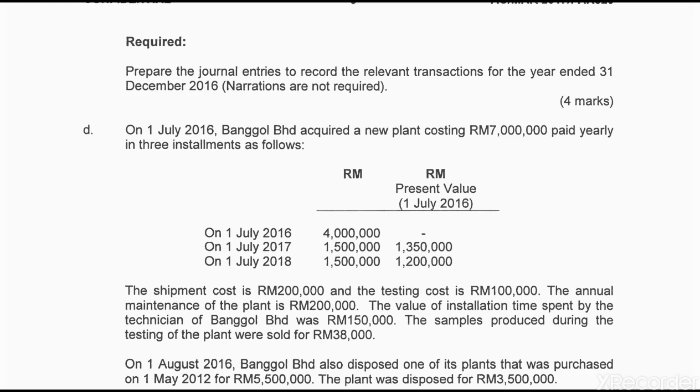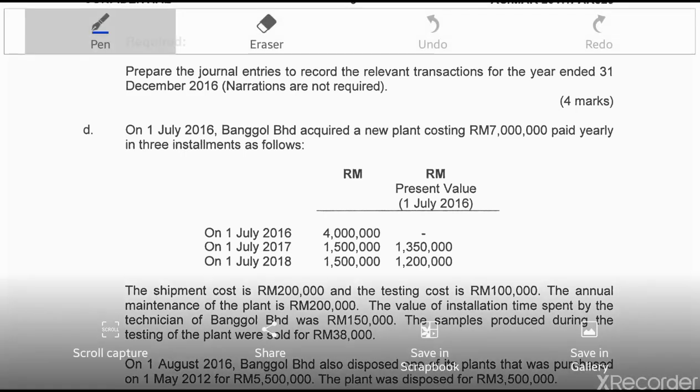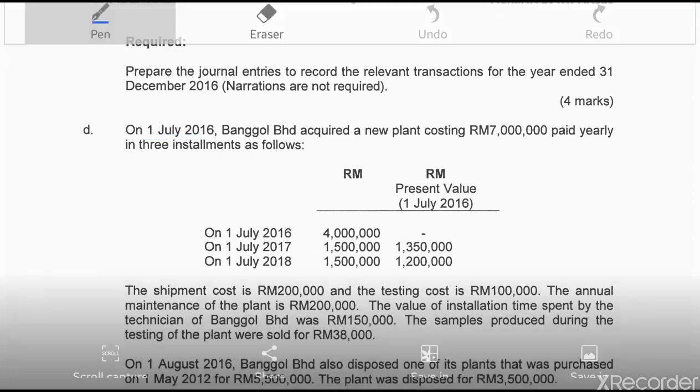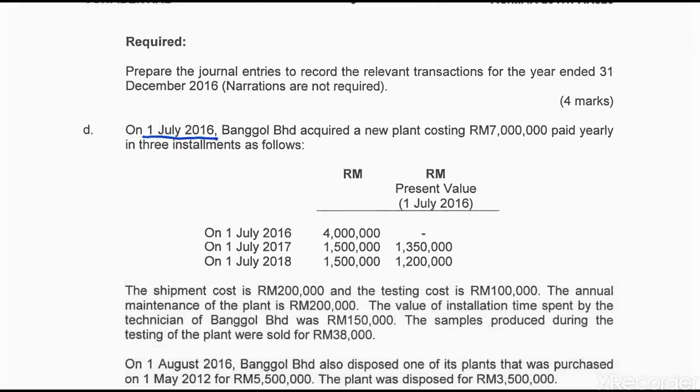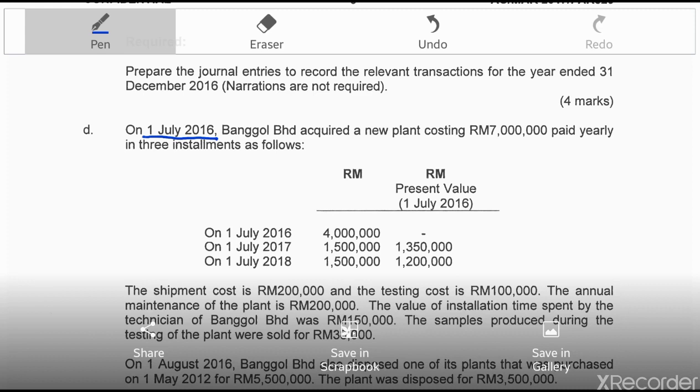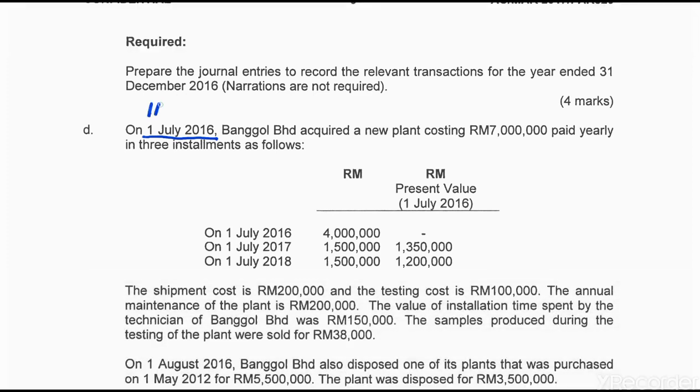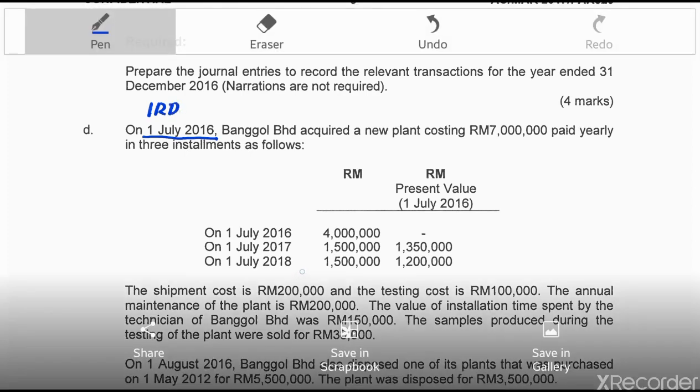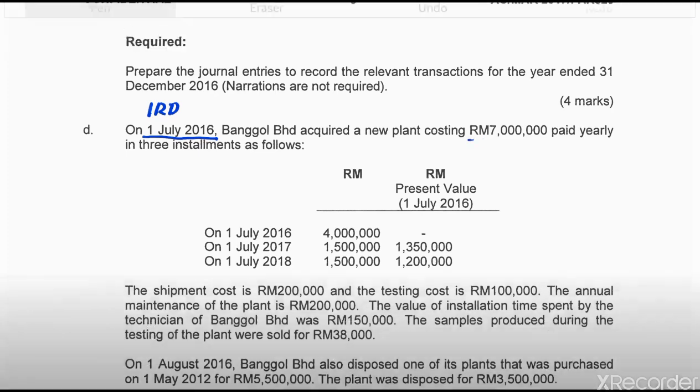Let's read the question. On 1st of July 2016, which is actually your initial recognition date, you acquired a new plant costing 7 million.